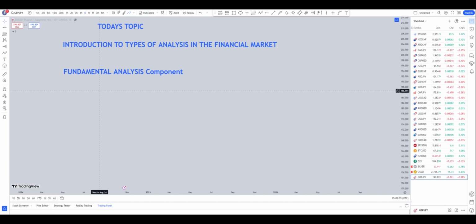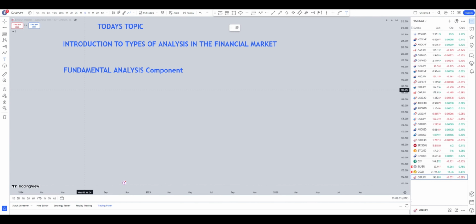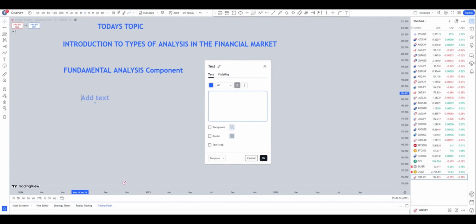So let's talk about the different components of fundamental analysis. We have so many components, but let's list a few. We have things like the news. In the market, when you come in, you usually get things like CPI and NFP.